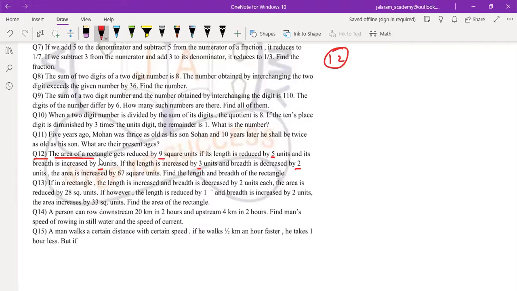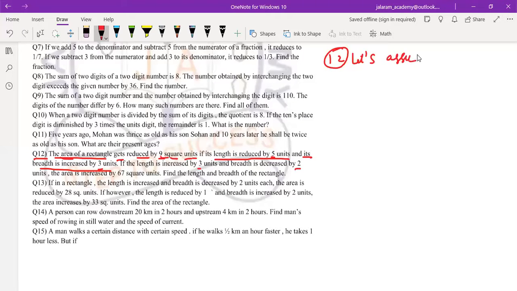The area of a rectangle gets reduced by 9 square units. So something is given about the area of the rectangle. Its length is reduced by 5 units and its breadth is increased by 3 units. First of all, we will assume the length and breadth for the rectangle given in the question.